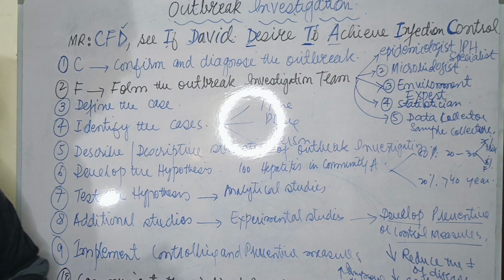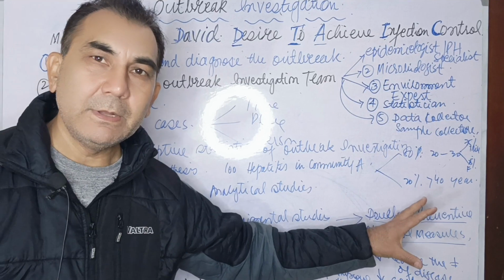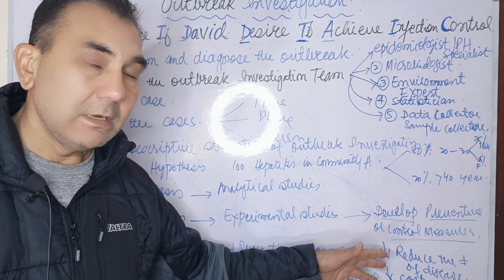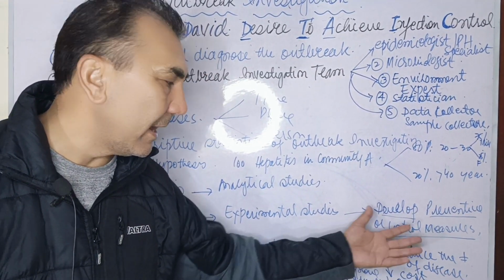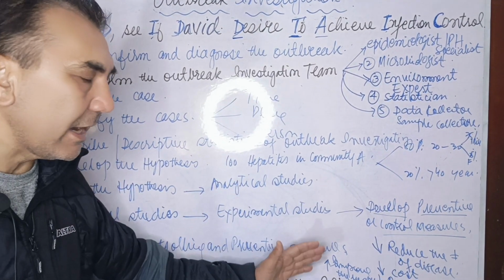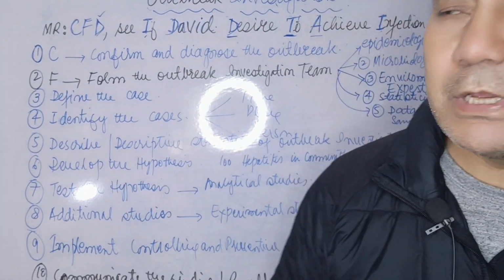So these preventive measures which you generated, or you can say you have discovered or made through the experimental study design, then in the second step you will go to apply or implement the controlling or preventive measures.